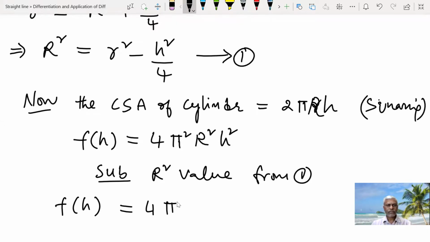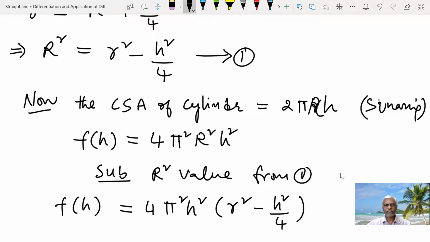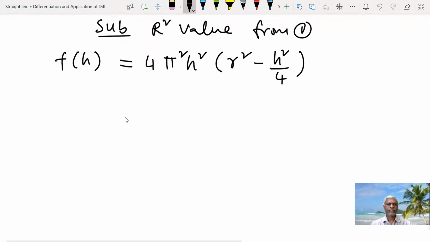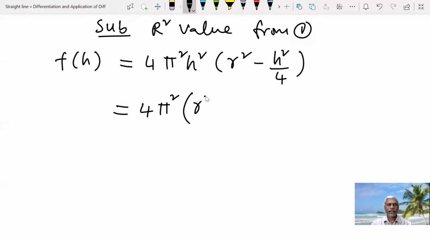f of h is 4 pi square h square into R square, which is small r square minus h square by 4. 4 pi square are constants. Multiplying with h square, this is r square h square minus h power 4 by 4.